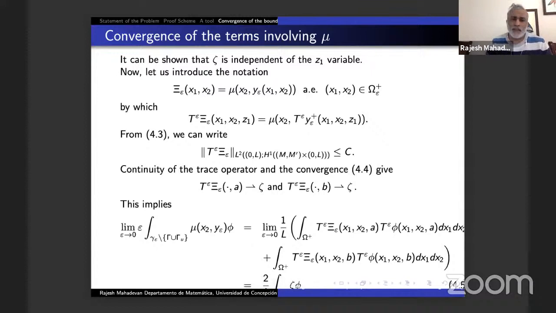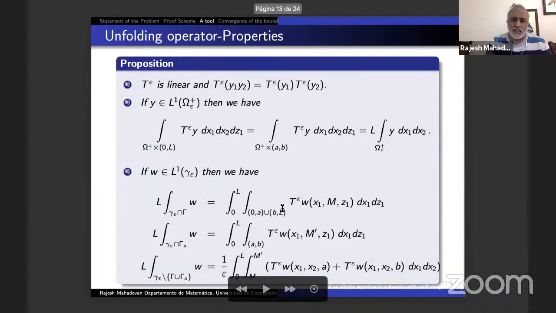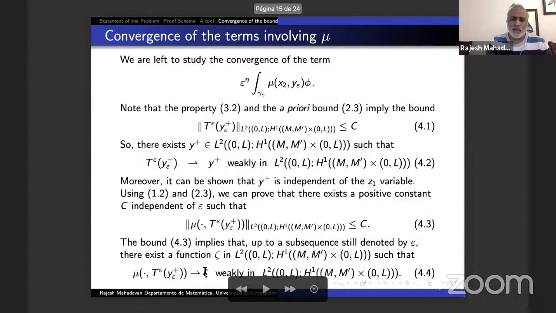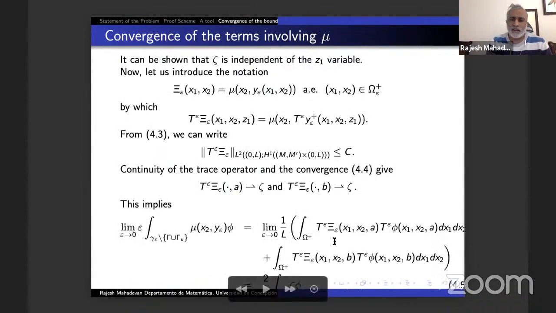And once you show that, the integral on the vertical parts, which is what interests us, if you multiply it by epsilon, due to the unfolding relation here, you have a 1 over epsilon factor. So if you take it to the other side, and here you have to remember to use mu of x2 composed with y plus epsilon, you can rewrite it in this form.